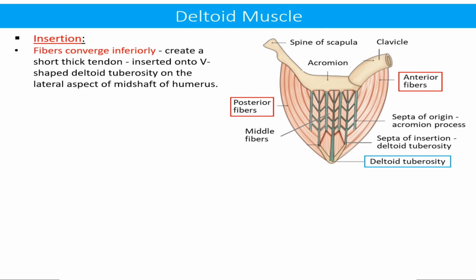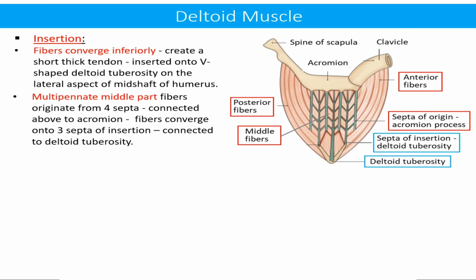For insertion of the deltoid muscle, fibers converge inferiorly. They create a short, thick tendon, which is inserted into a V-shaped deltoid tuberosity on the lateral aspect of the mid-shaft of the humerus.